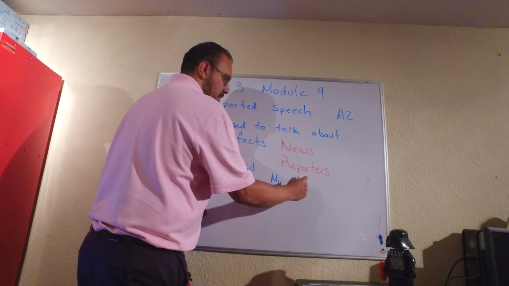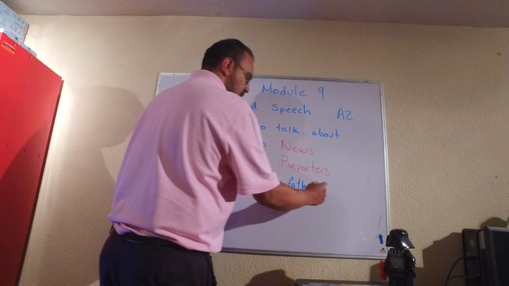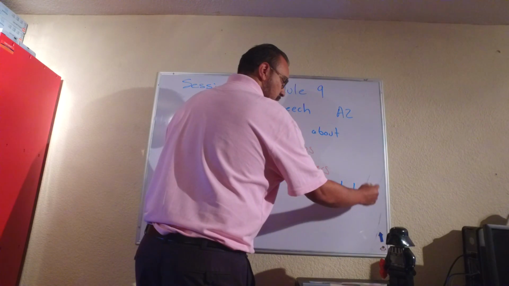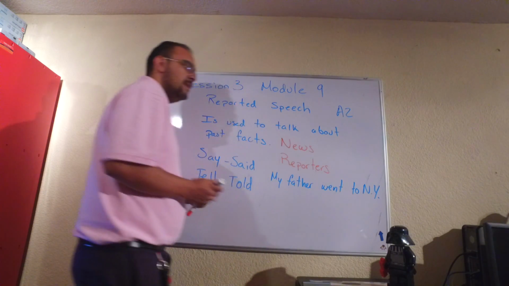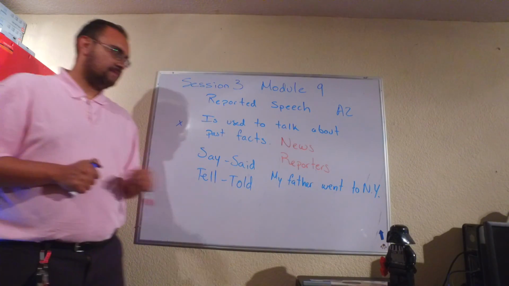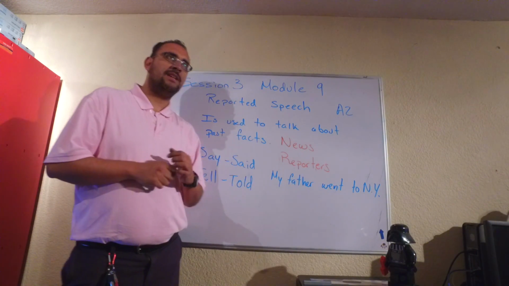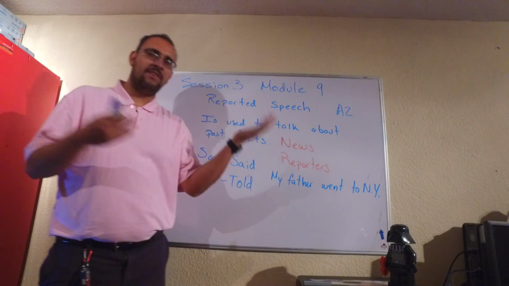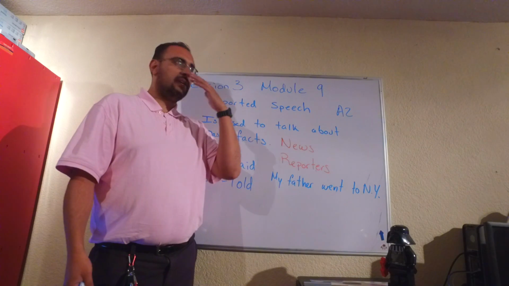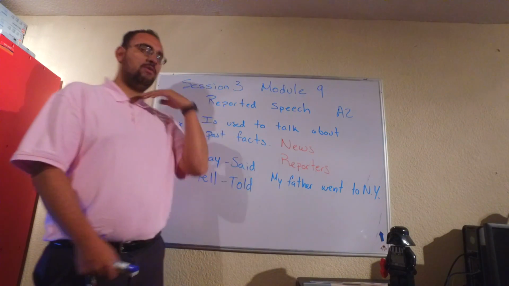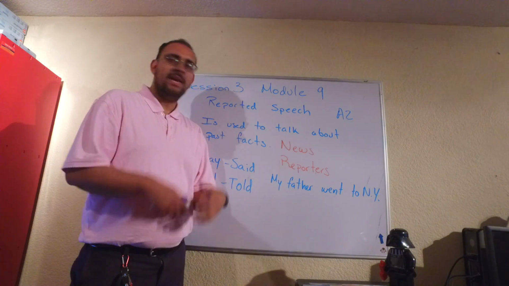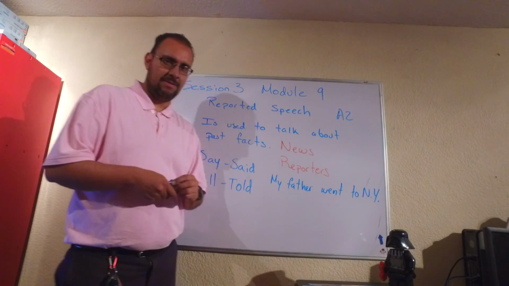Let's take the example like this. My father went to New York. My father went to New York. Yes? So imagine that your father was in New York, he bought this, he visited that, he watched a movie, he watched a show, he went to Broadway, and he was doing many things.